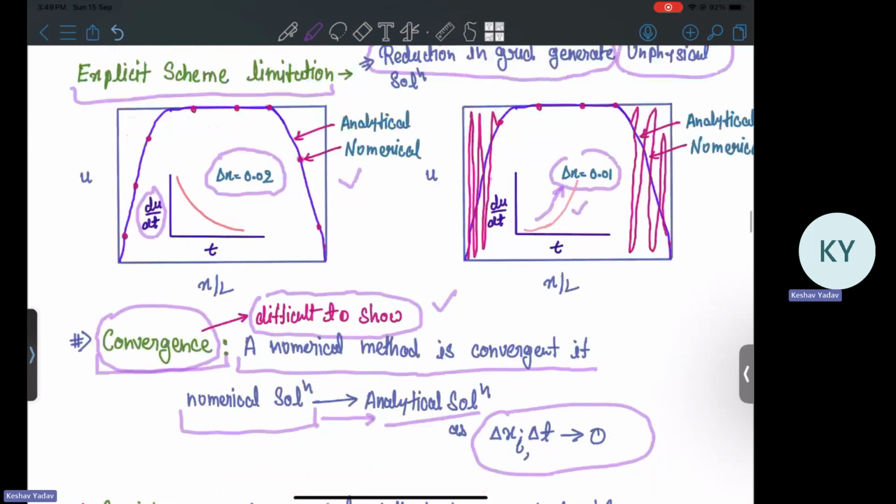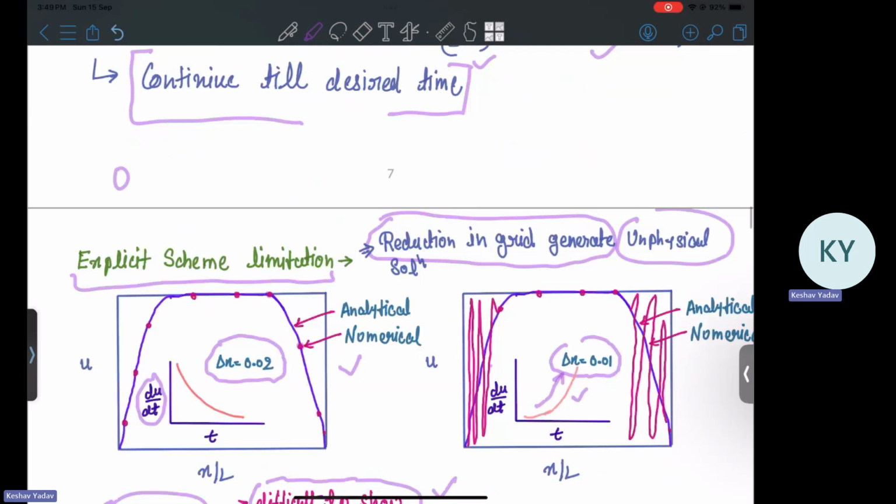If we see this explicit scheme, it is of the order of delta t and delta x square.